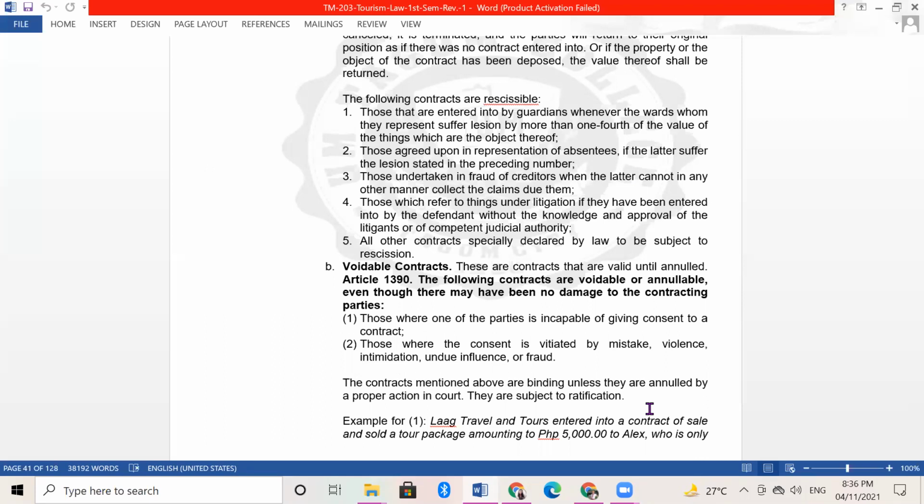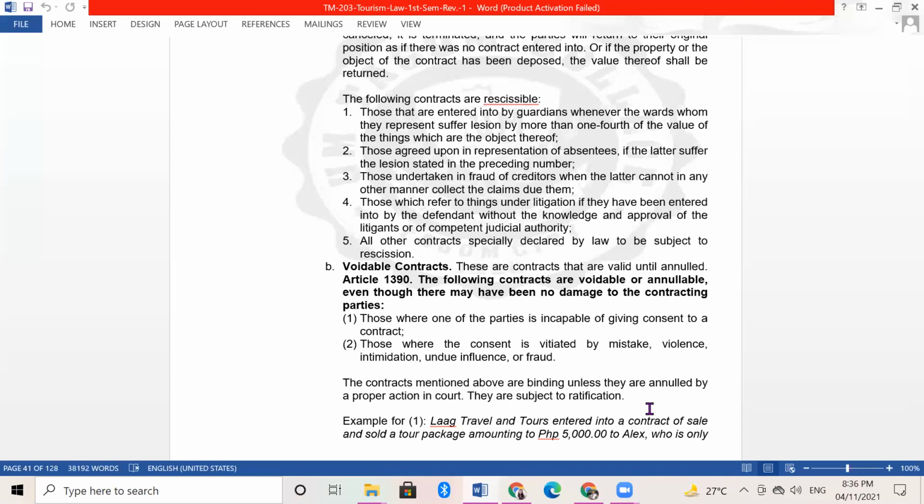The voidable contracts are contracts that are valid until annulled. Article 1390: the following contracts are voidable or annullable, even though there may have been no damage to the contracting parties. First, those where one of the parties is incapable of giving consent to a contract.